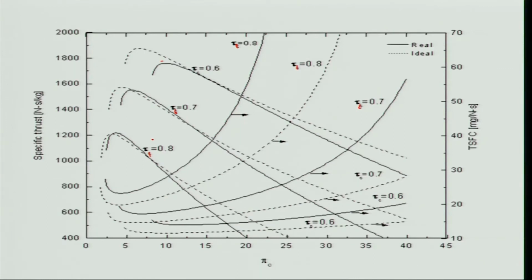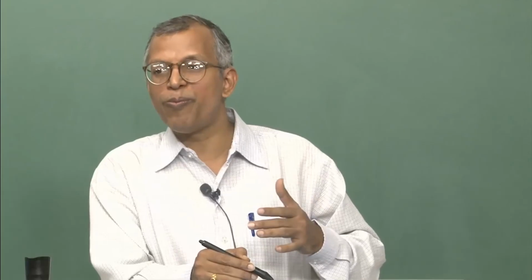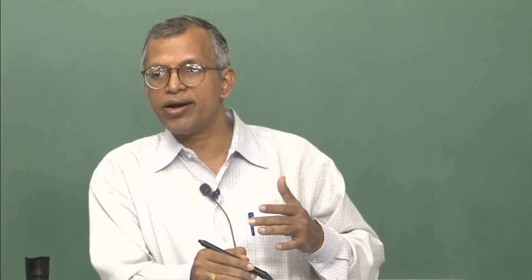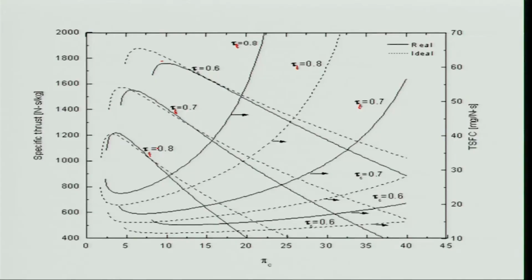What is the meaning of that? The temperature ratio across the turbine is increasing, means what? It is the other way around, that means expansion in the turbine is low, right, because this is 1 minus 0.8, it will be 0.2, so that much expansion will be there.